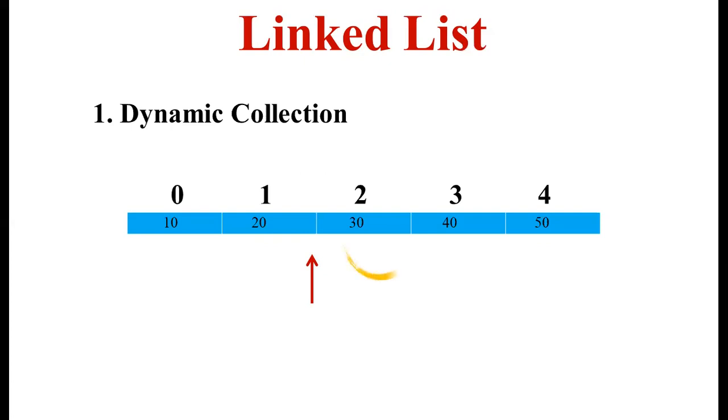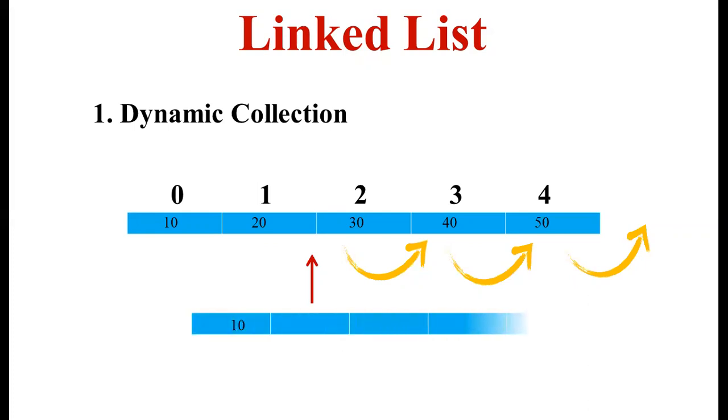So first we need to shift all the elements by one location and then insert, so that 50 will come here, 40 will come here, 30 will come here, and 25 we can place at this position. This is called inserting an element into an array. Shifting the elements and inserting an element at a particular location is time consuming.